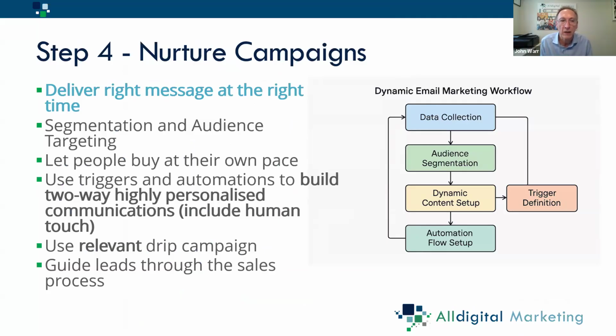And I use the word relevant, which means it needs to be the right message at the right time. So depending on who they are and where they are in the buying cycle, you will be delivering them a slightly different message. So what you need to do is, again, have the segmentation and audience targeting done.